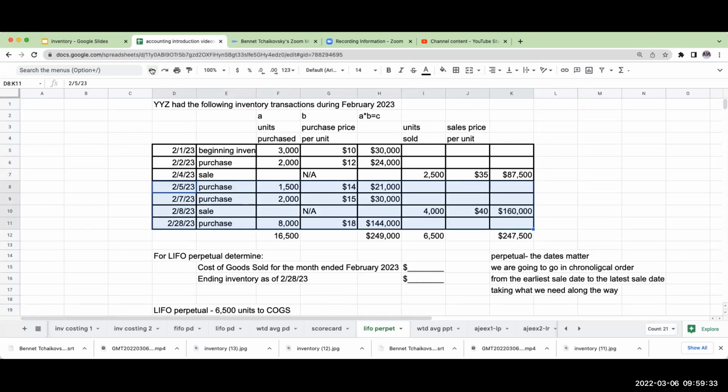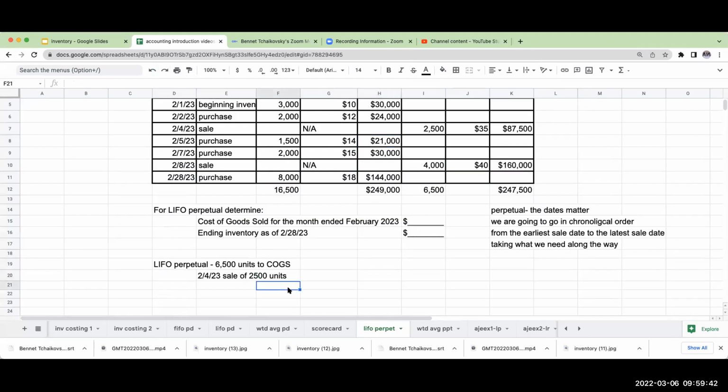So I'm going to take last in, first out. I need 2,500 units to cost of goods sold. I'm going to go first to the date of 2/2/23. My units I'm going to take are 2,000 at $12 each.